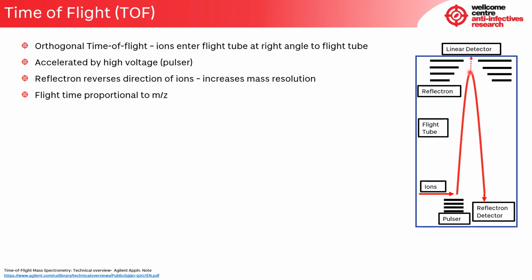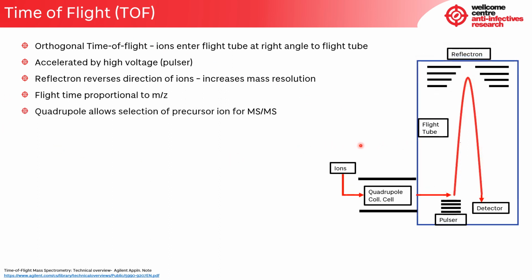The ions can either be detected at the end of the flight tube or more typically, they are reflected back to increase the flight path before hitting the detector. The reflectron is a series of lenses held at increasing voltages which causes the direction of the ions to change and is there to increase mass resolution. The flight time of the ions is proportional to the mass to charge.